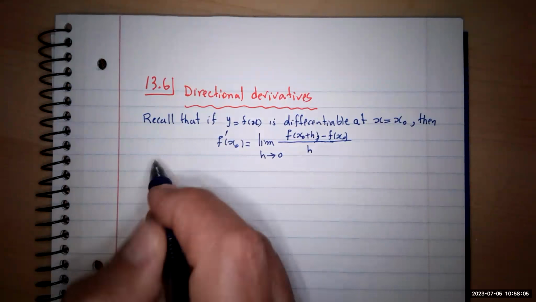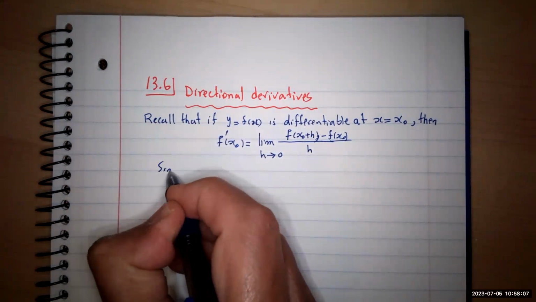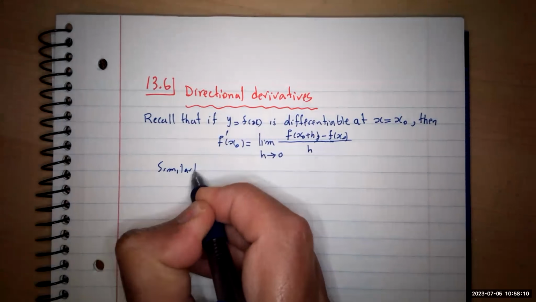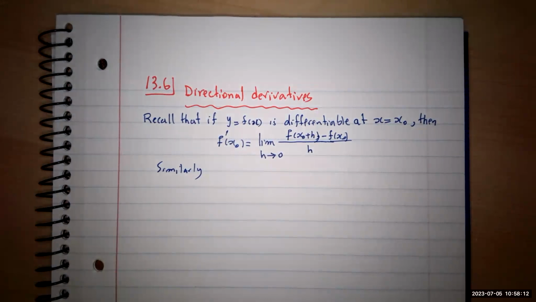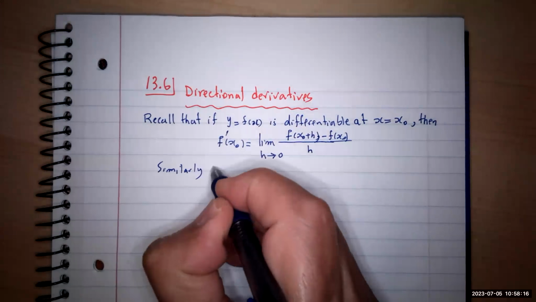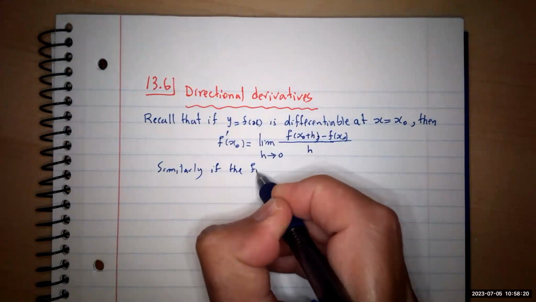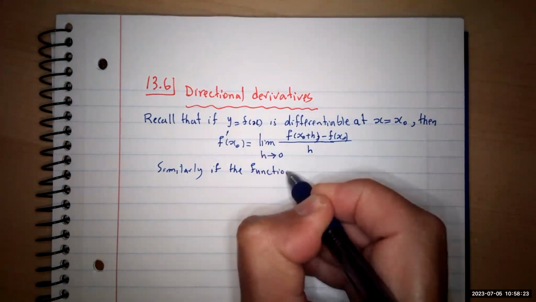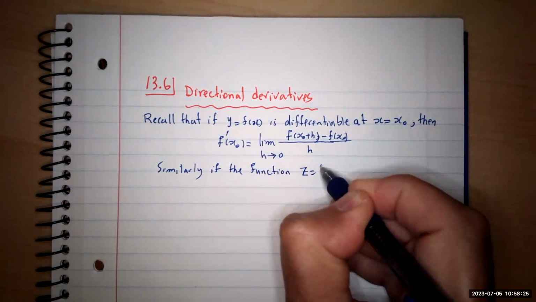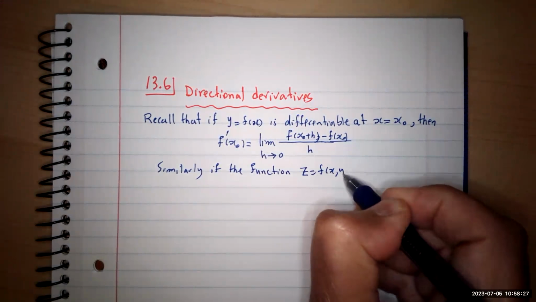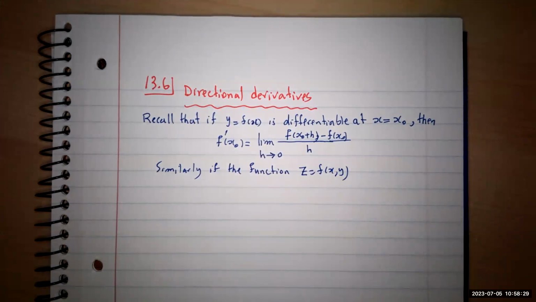Now we can say that, similarly, what we can do is, if the function, let's say, is z equals f of x and y, we can do it for three dimensions, of course.